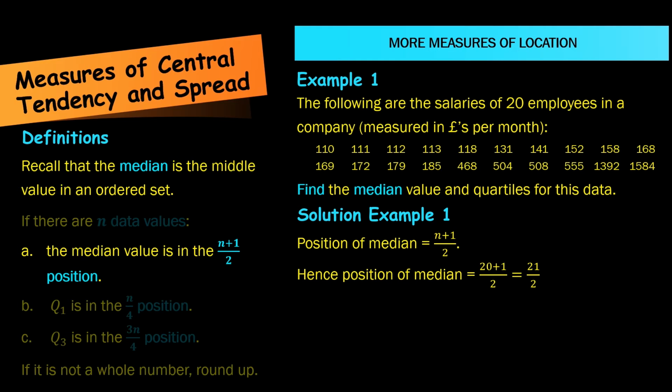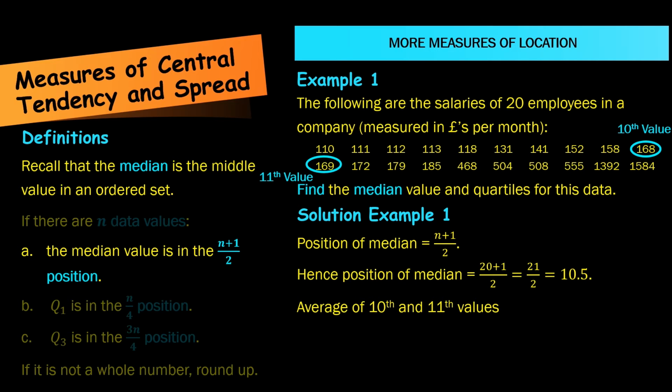This is 21/2, which is 10.5. This is the average of the 10th and 11th values. Here's the 10th value and here's the 11th value.